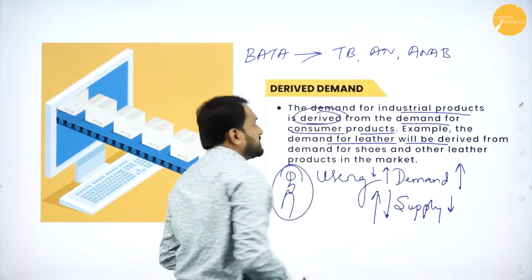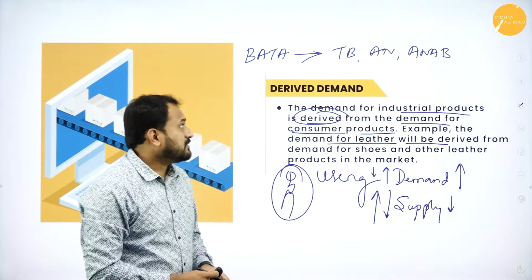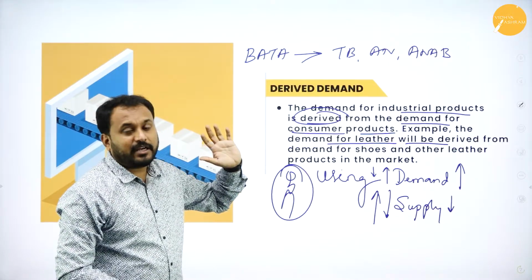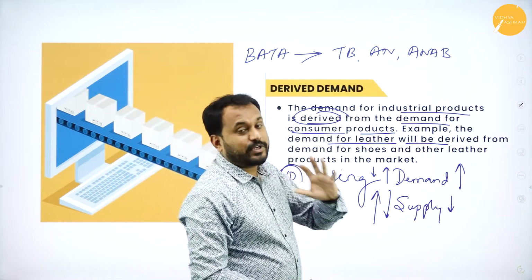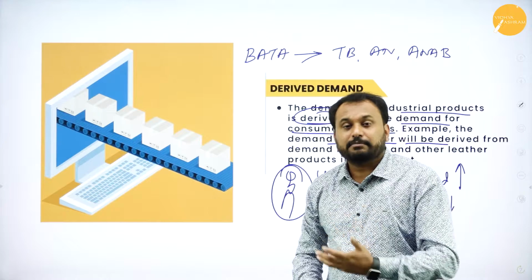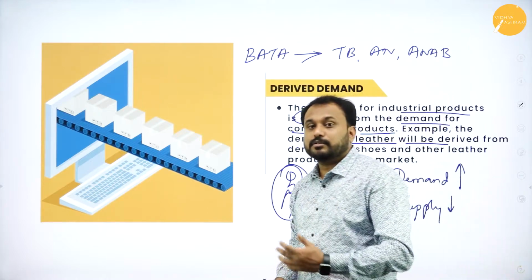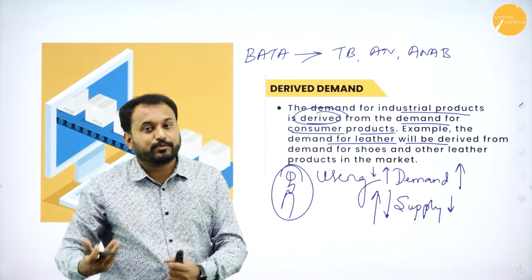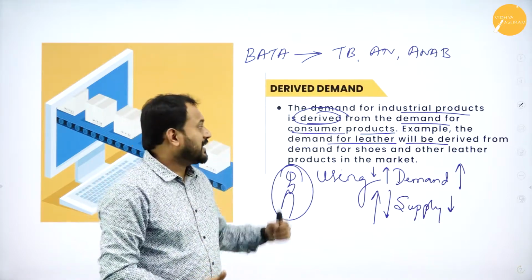All three were cobblers, the same family. Thomas Bata started the Bata company in Switzerland. When they started, there was a demand for leather, but due to the First World War, the supply of leather wasn't properly supplied to all the people.